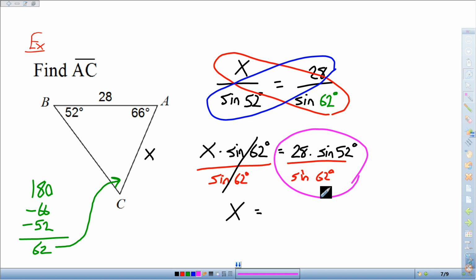Take a second, type that into your calculator, and then let's see if we get the same answer. 28 times sine 52, close parentheses. It might be worth showing yourself in your notes the parentheses around this, or going back to one of the first examples and showing that the parentheses need to be closed, and then divided by sine 62.